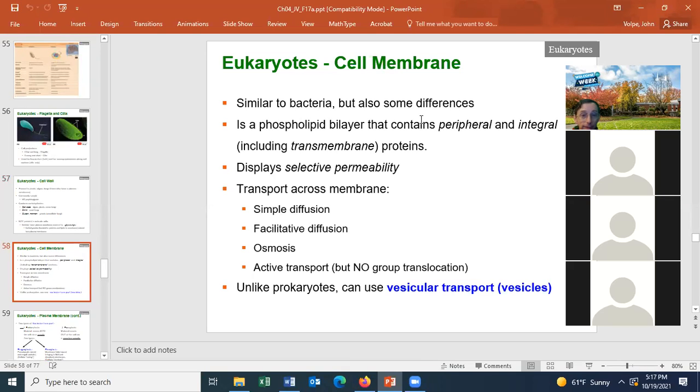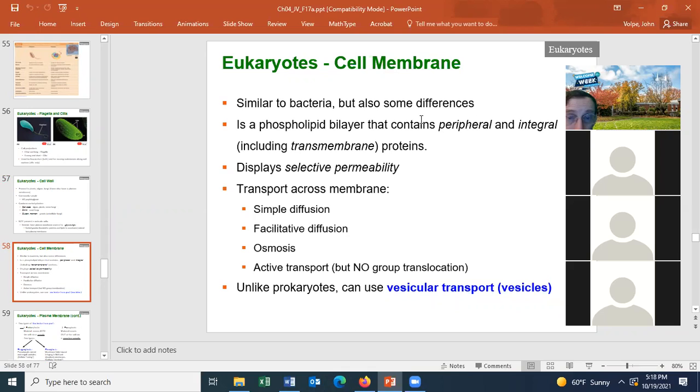Cell membranes do show selective permeability, and material can cross the cell membrane by three ways: simple diffusion, facilitated diffusion, I guess four ways: osmosis, and that's referring only to the transport of water across the membrane, and then active transport. There is no group translocation in eukaryotes.